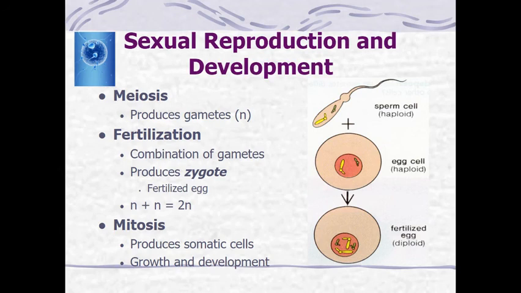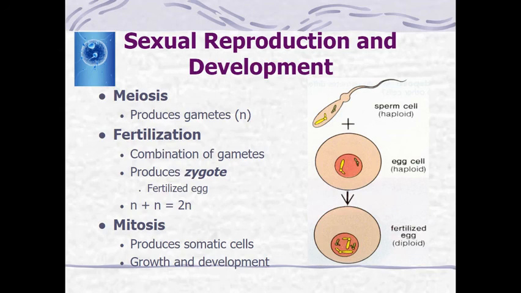Fertilization is when that haploid sperm and haploid egg come together and produce a zygote. A zygote is just a fertilized egg. And if you think about it, N of the sperm plus N of the egg equals 2N. When we have a haploid sperm and a haploid egg come together, we end up with a diploid cell.